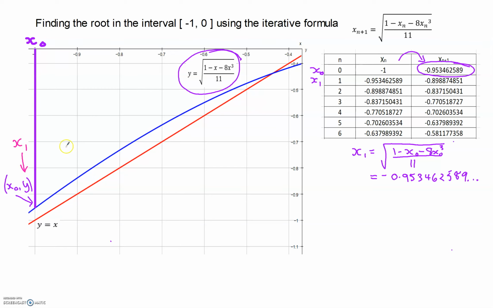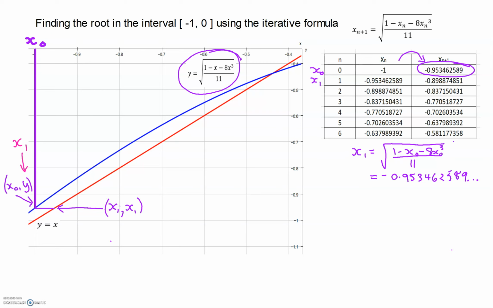And we need to transfer it to an x value from a y value, and we're going to do that by moving horizontally across to our y equals x line. So a reminder of why we wanted to do that is because we now want this point here, which is going to have the same y coordinate, which we want to have as x1. Because we've moved across to the line y equals x, we can say that we also have the same x coordinate.